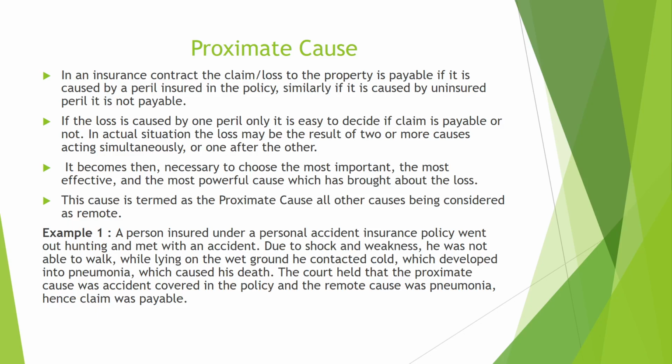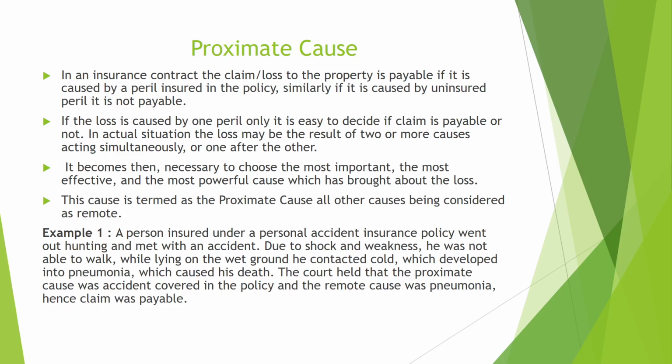One example here: a person insured under a personal accident insurance policy went out hunting and met with an accident. Due to the shock and weakness, he was not able to walk. While lying on the wet ground, he contracted a cold, which developed into pneumonia, which caused his death.